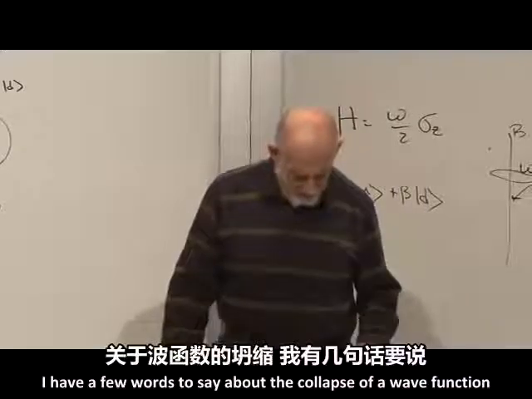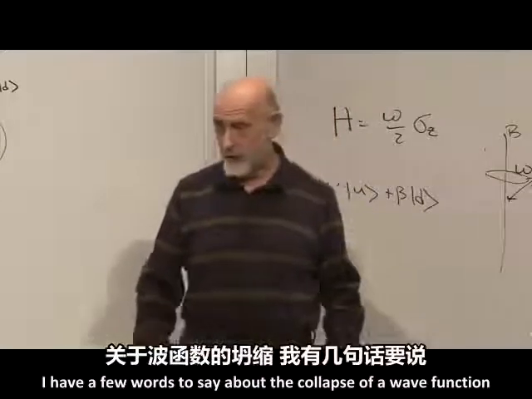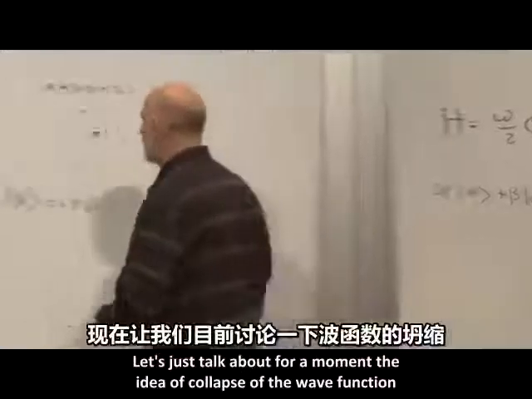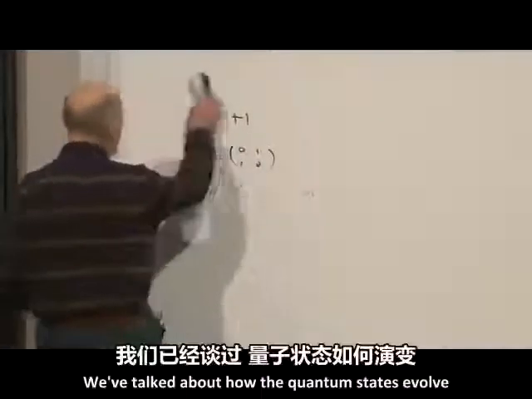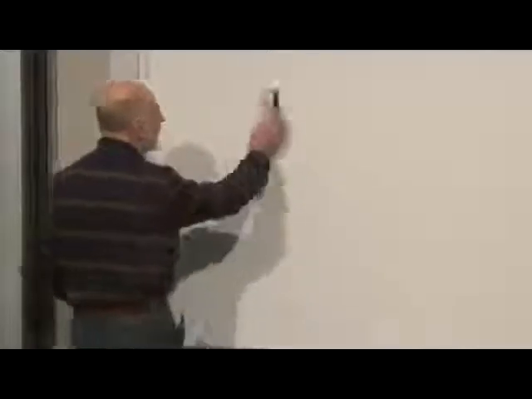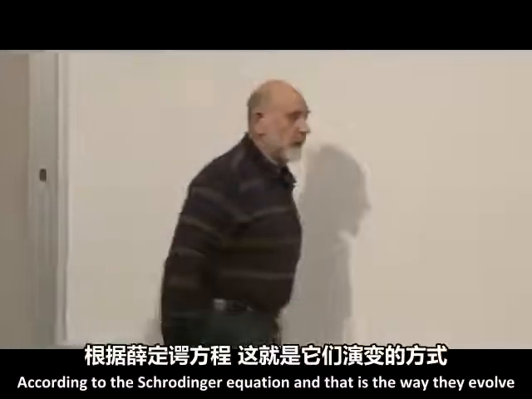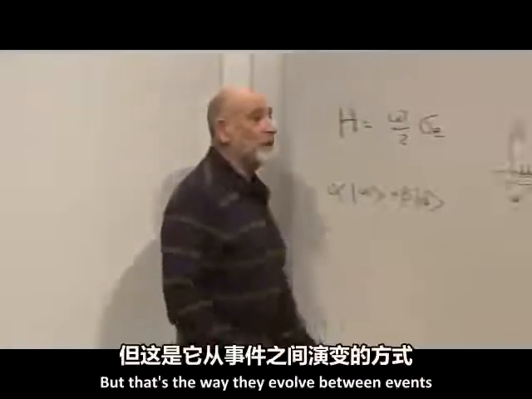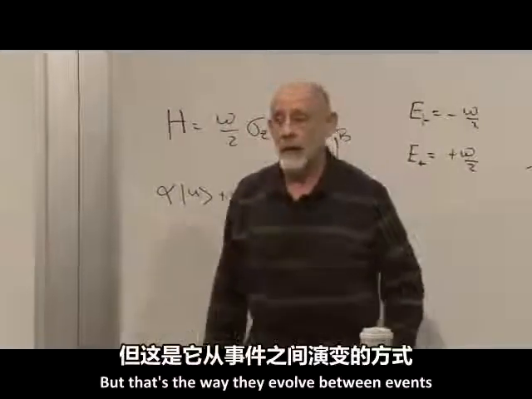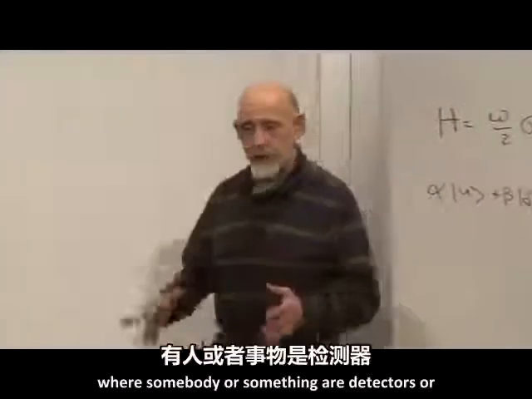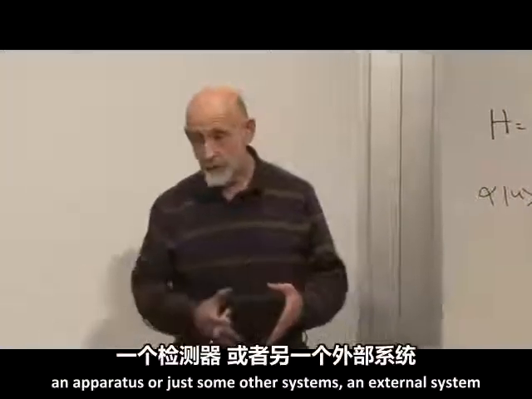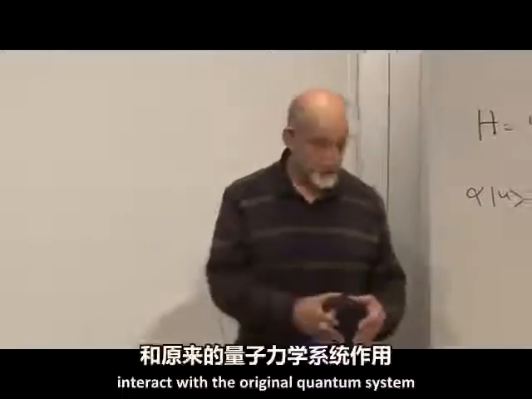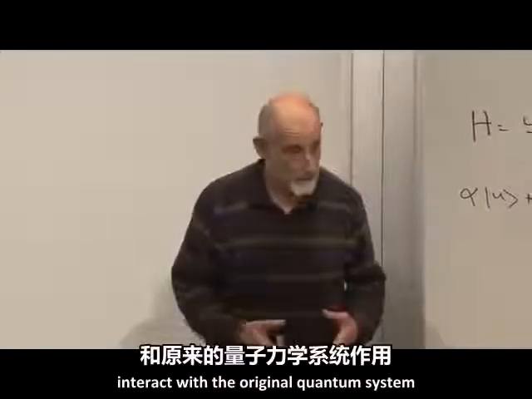I had a few words to say about the collapse of a wave function. Let's just talk for a moment about the idea of collapse of the wave function. We talked about how quantum states evolve according to the Schrödinger equation. That is the way they evolve between events where somebody or something, a detector or an apparatus, or just some other external system, interacts with the original quantum system.